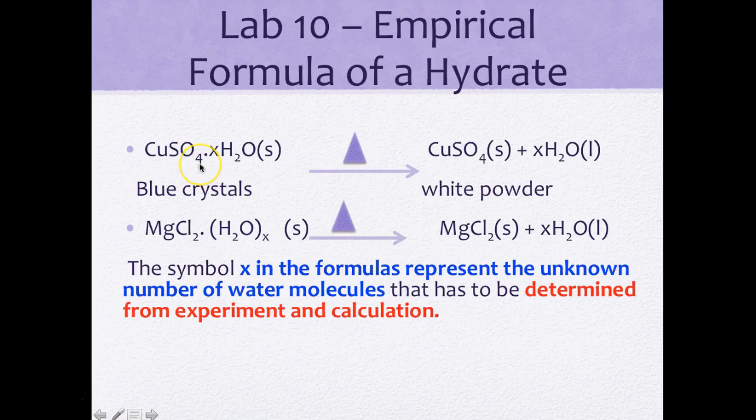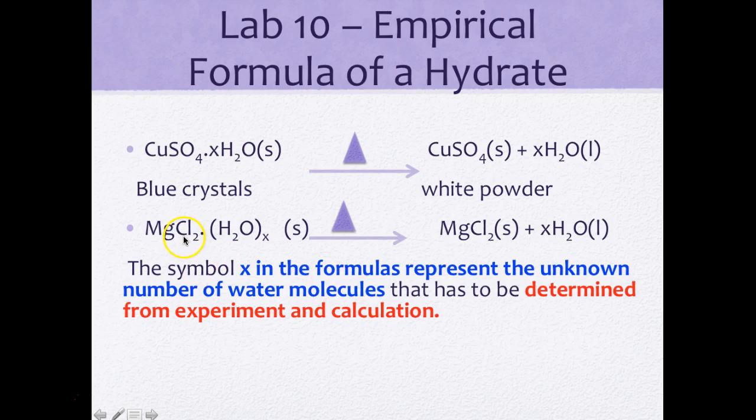So you have copper 2 sulfate hydrate as solid blue crystals. You heat it and you get a white powder, the copper 2 sulfate, and the X in the formula represents the unknown number of water molecules that has to be determined from this experiment and by calculation from your data.